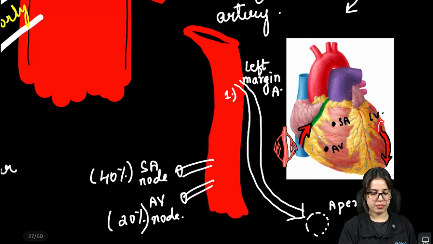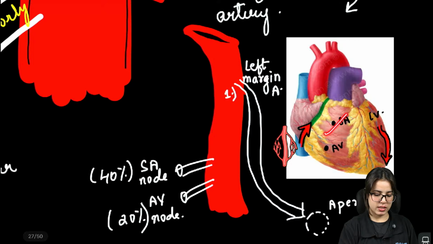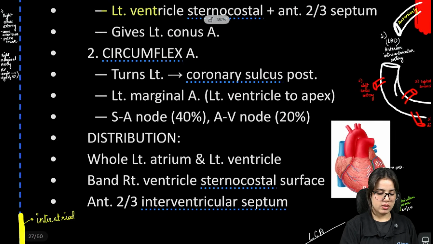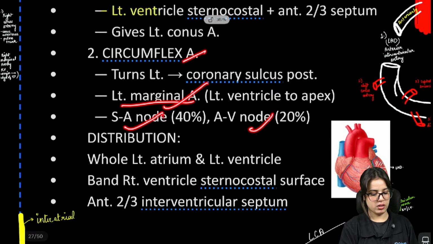So the SA node, this is a very important topic. That's why I'm taking so long to make you understand. SA node 40%, 20%. And this is the distribution of the LCA. Let's read this. Circumflex artery, left marginal artery, we have done SA node and AV node.